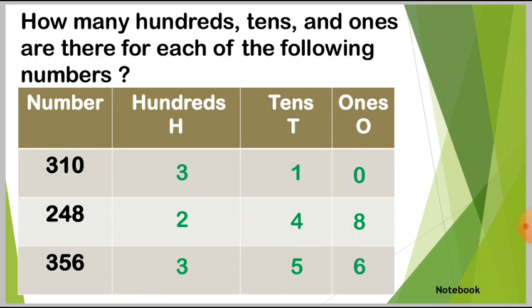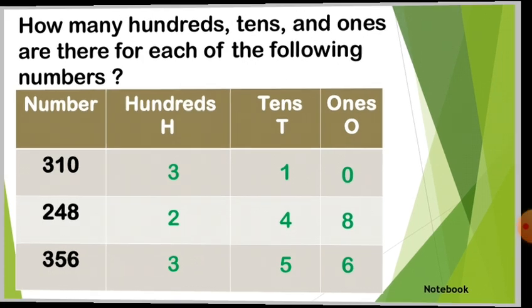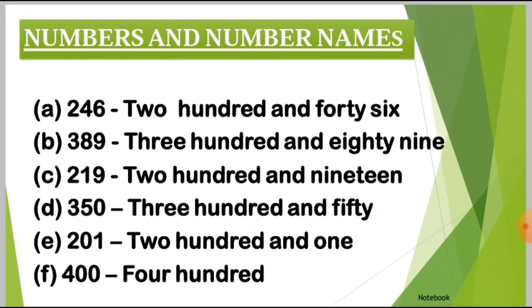The same way you can write the next one also. 356. How many hundreds? 3 hundreds. How many tens? 5 tens. And how many ones? 6 ones. Got it, children?